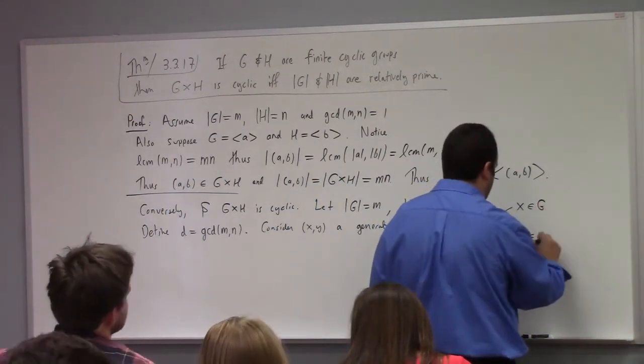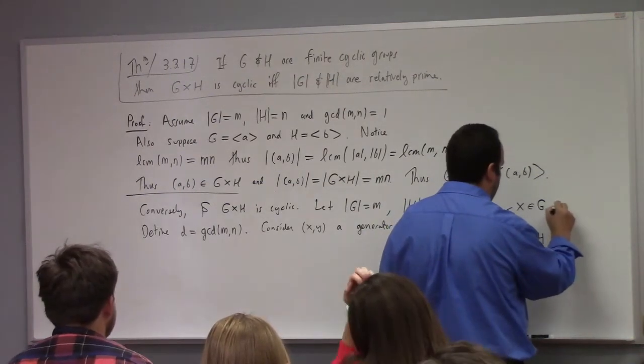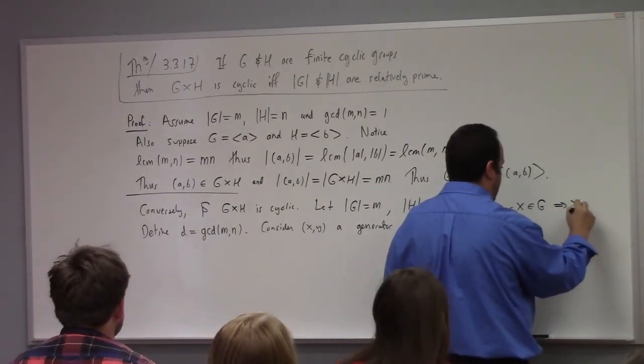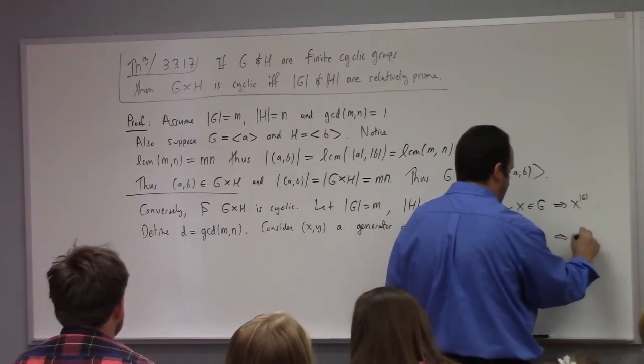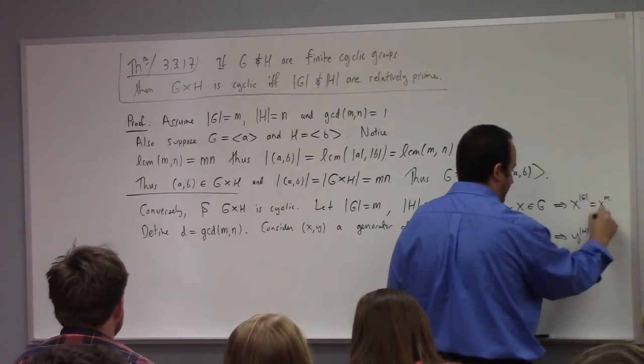And what do we know about x to the order of G? And what about y to the order of H? In other words, x to the M and y to the N.